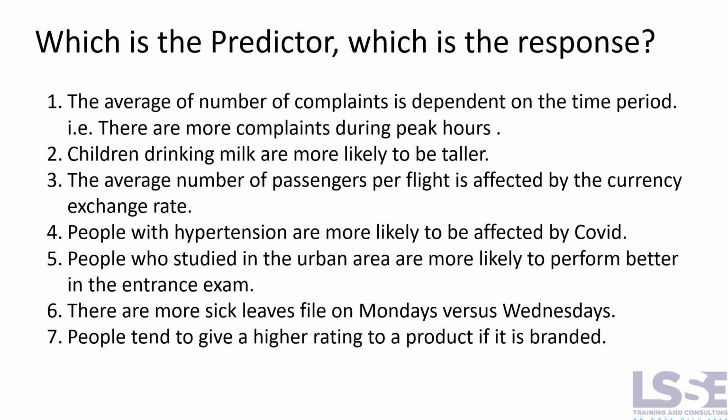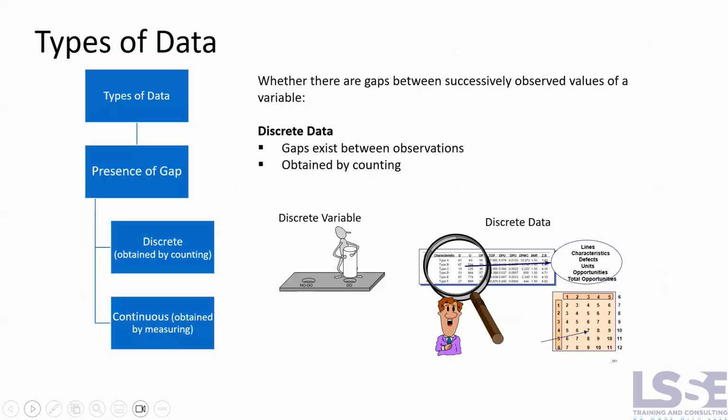They gave it to consumers again, and this time the score was higher, like an 8 or a 9. So it validated their hypothesis that people tend to give a higher rating to a product if it is branded. So branding actually affects perception, especially if the brand has a positive image. Okay. So I hope with these examples, you're able to distinguish a predictor from a response.